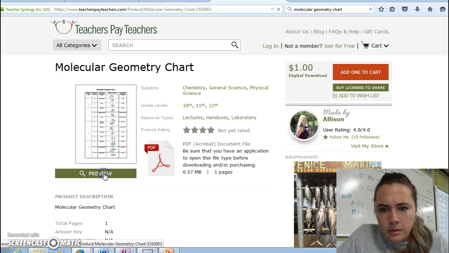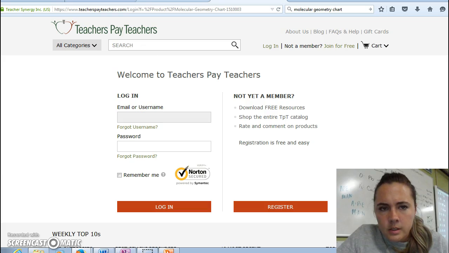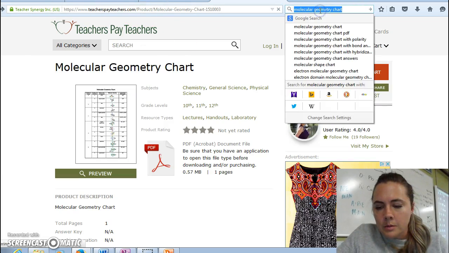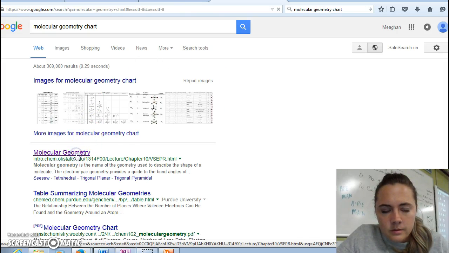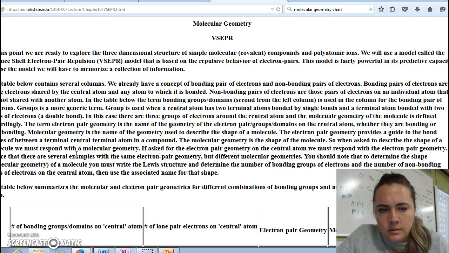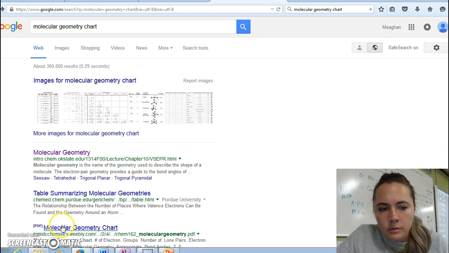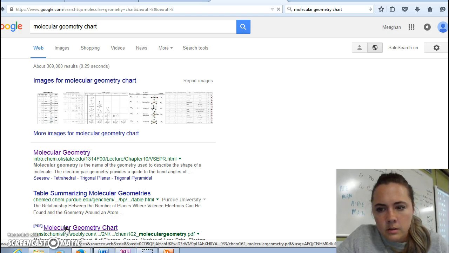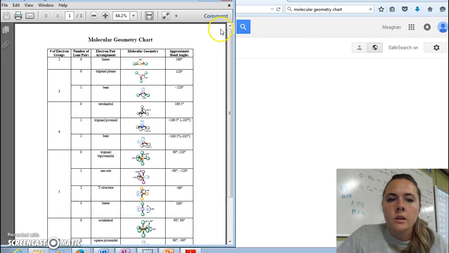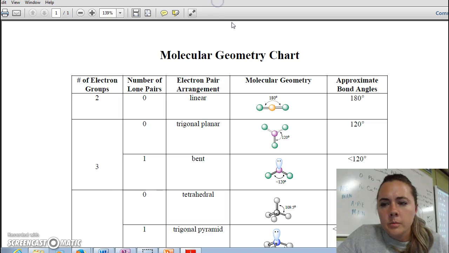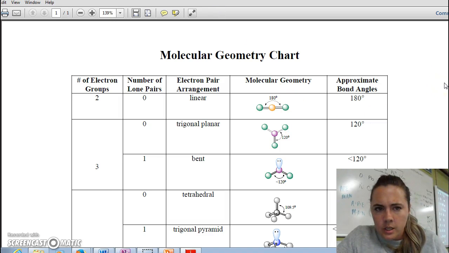Come on, just give me the chart. Ugh, never mind. Molecular geometry chart. Oh, wait, I see it, PDF. All right, so here is our PDF, our molecular geometry chart.